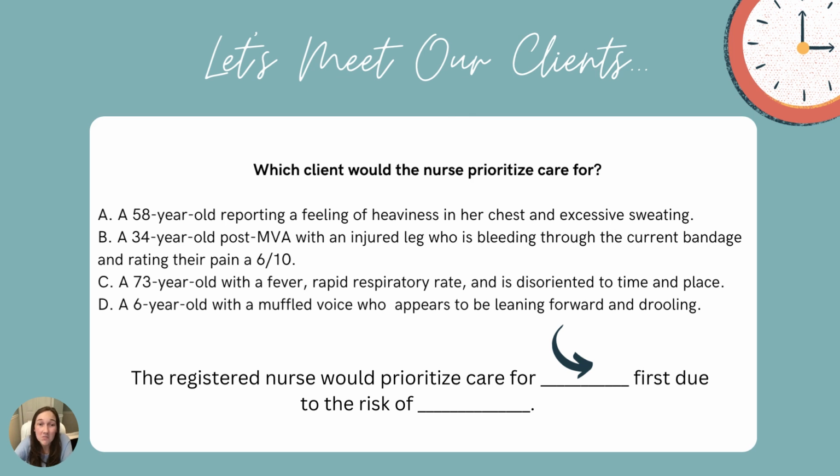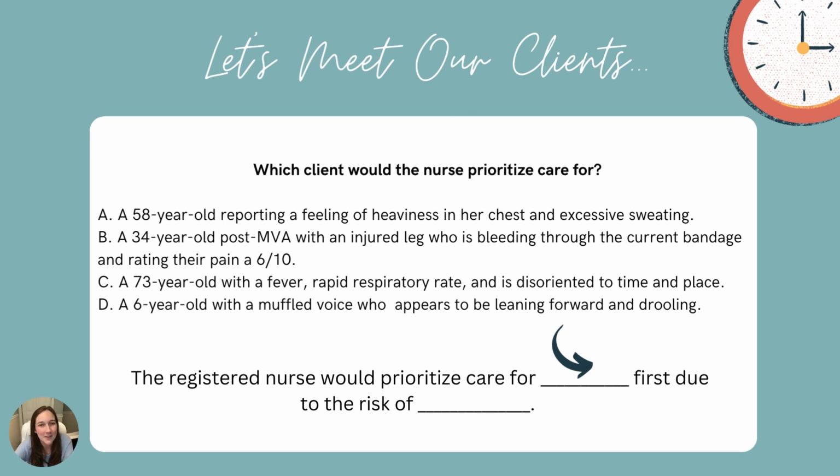And this question literally uses the word prioritize. So we know this is one of those priority style questions where we want to remember our ABCs. So go ahead, remember your ABCs and apply those to the 4 clients as you answer this. Which client would the nurse prioritize care for? Go ahead and pause this video, and when you're ready, hit play.